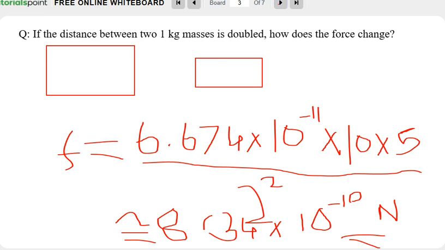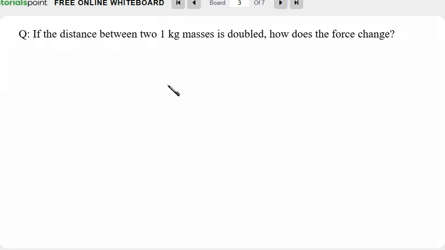It is given here that if the distance between two 1 kg masses is doubled, how does the force change? According to the force of gravitation, we know that force is inversely proportional to the square of the distance among them.